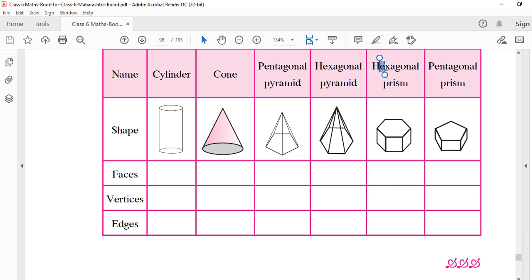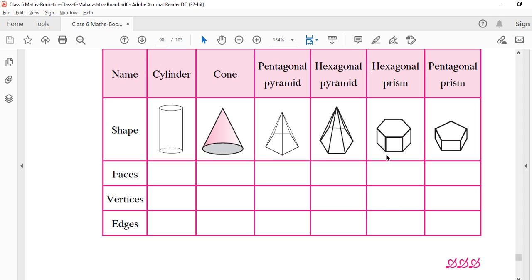Now next we have the hexagonal prism. So this is a box type shape. Correct? We need to now know the faces. So this will be one face, second face, third face, and backside fourth face, fifth face, sixth face, top seventh face. In a similar way we have the bottom, which is the eighth face. So in total we will have 8 faces in this case.